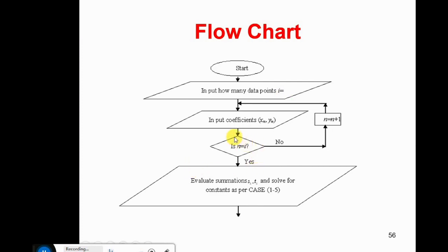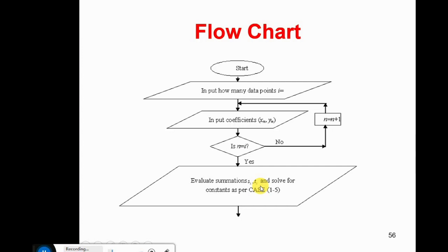Then you have to scanf the data, that is in the form of xn and yn, and once your n is satisfied, this loop which is activated for getting the data is completed, then you have to work out the summations that I have listed earlier, which you can look in the form of s and t's.